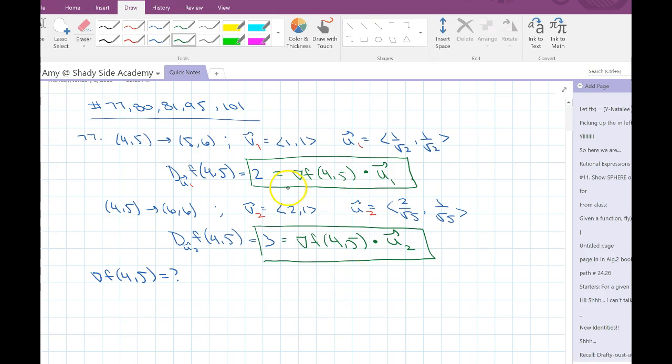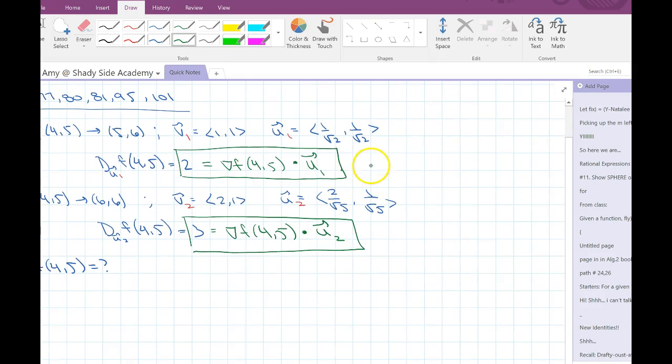So what does that mean? This is saying 2 equals, let's call the components of del f a comma b, where a is f sub x and b is f sub y, dotted with 1 over radical 2 comma 1 over radical 2.